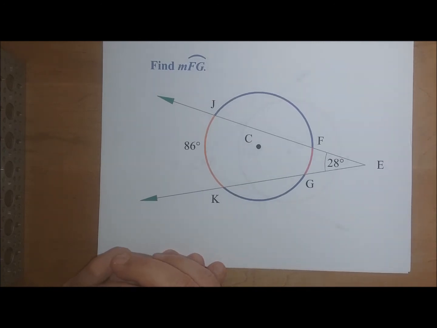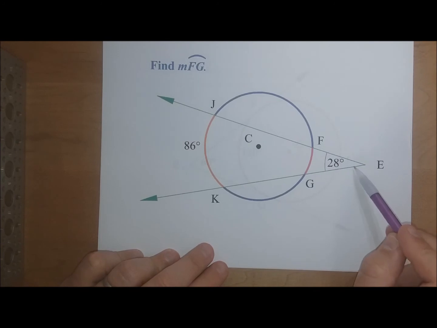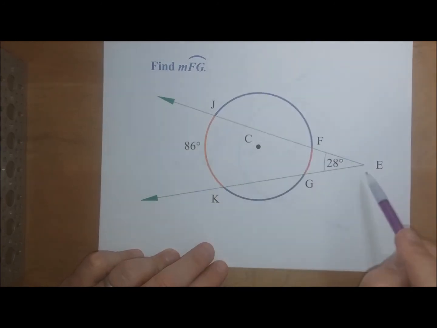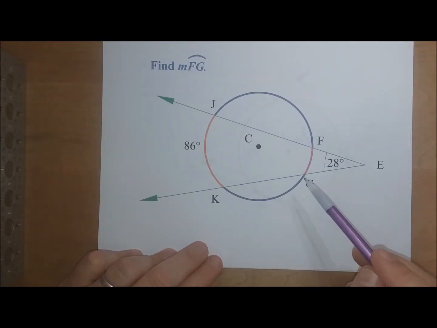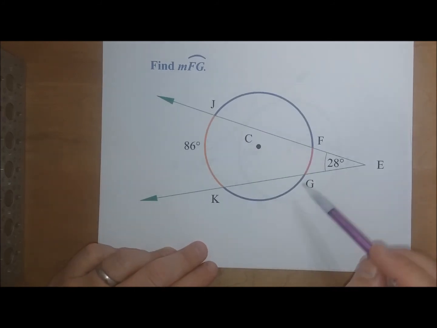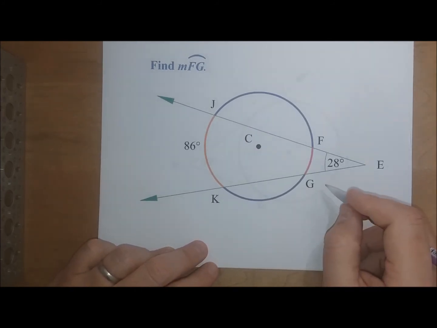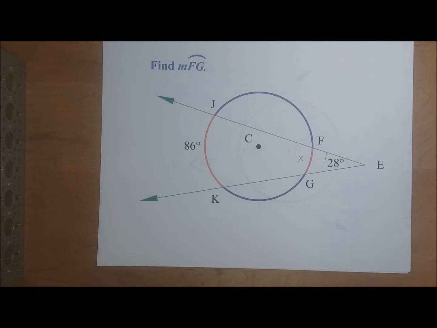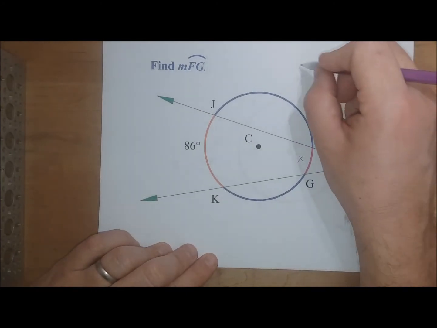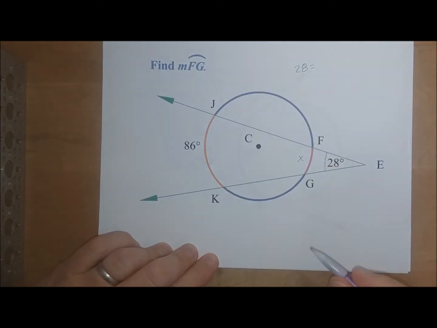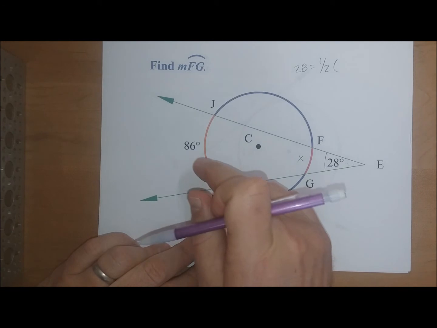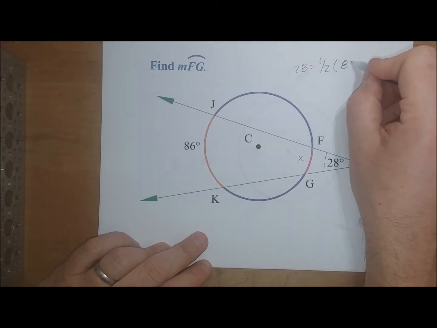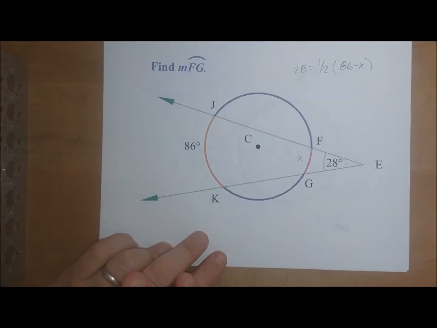Let's do another example like this. Could we find the measure of arc FG? Okay, this time they give us the angle where the two secants intersect, and they give us one of the arcs. Could we find the other arc? Let's call it X. If we don't know what it is, we call it X, right? All right, so we know the exterior angle is going to equal 1/2 times the difference in the two arcs, 86 minus X, right?